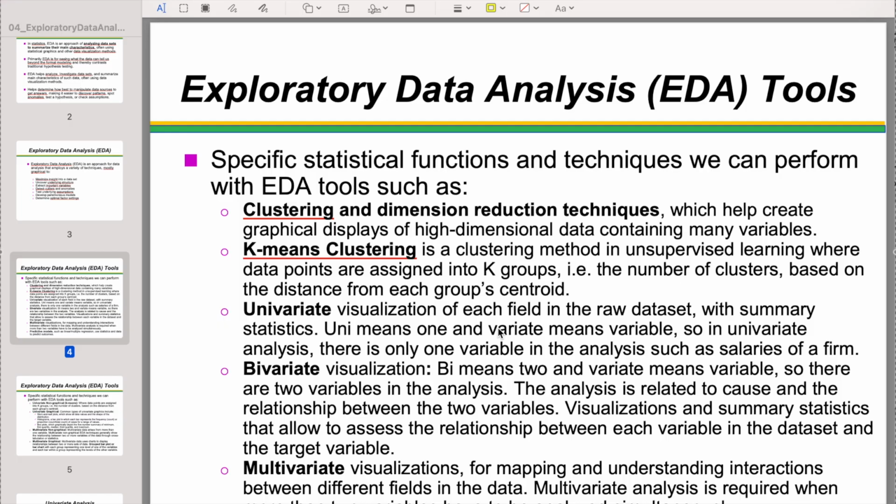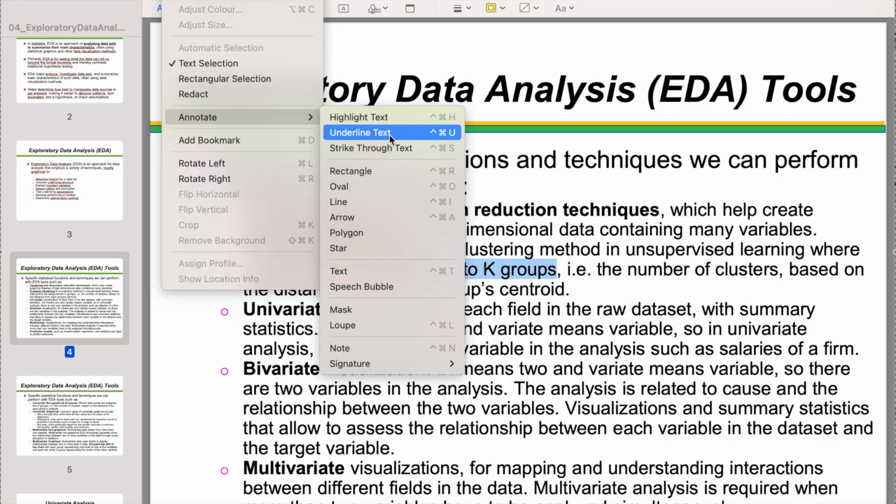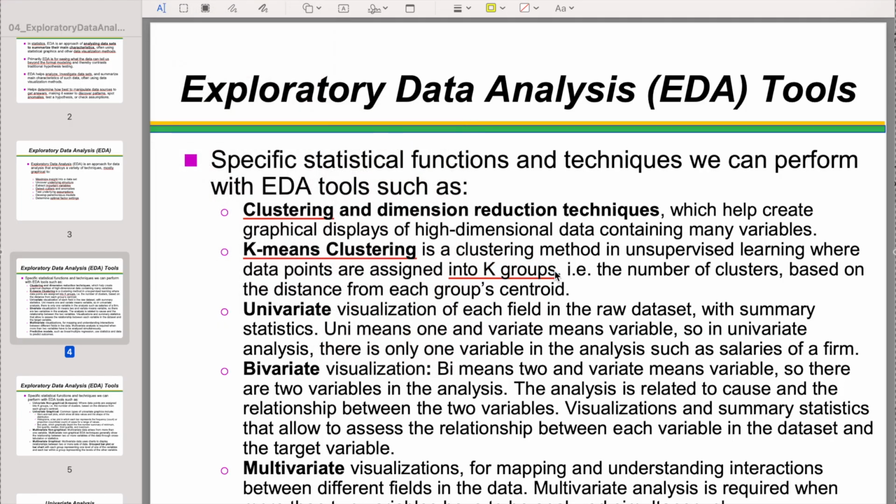That's why it says into K groups. Now there are other clustering methods that would decide the number of clusters on their own. Those are called hierarchical clustering. So these clusterings are unsupervised machine learning techniques.